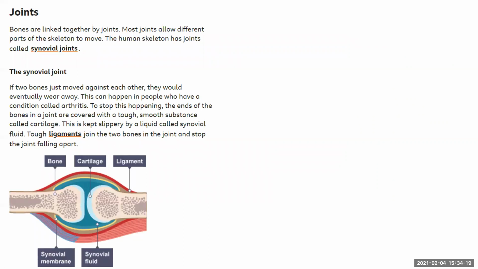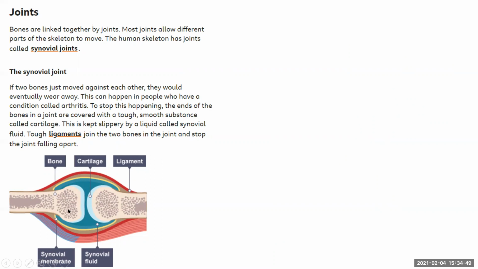As mentioned earlier, joints are very important for movements. The joints that link bones together are usually called synovial joints. Synovial joints are a part of a joint where there is a synovial membrane and a synovial fluid. This is to ensure that the bones do not rub against each other.